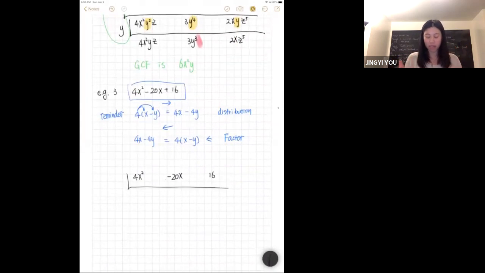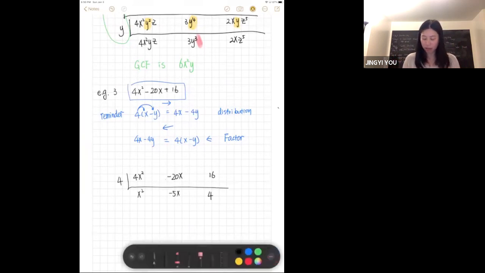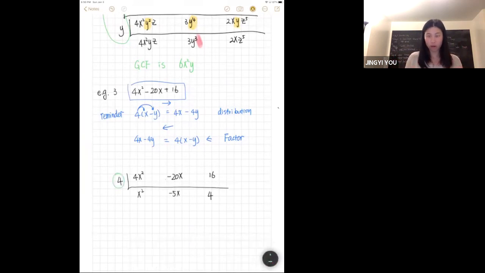We have 4, negative 20, and 16. What would be the common factor? Would be 4, right? So 4x squared divided by 4, we have x squared remaining. Negative 20x divided by 4, I have negative 5x. And 16 divided by 4, I have 4. So let's check. Do they all have x? No, right? So that means the common factor is 4.